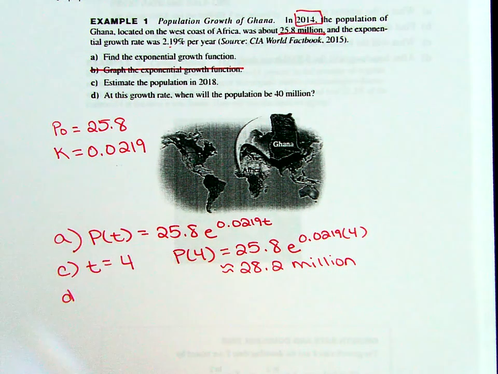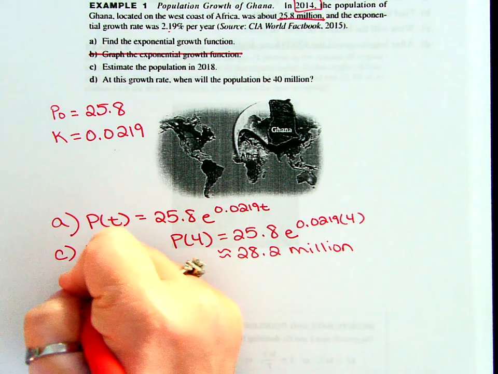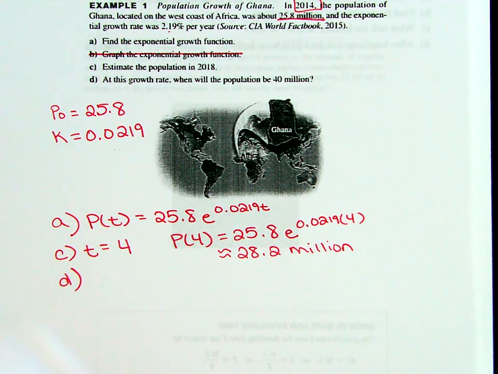Part D says, at this growth rate, so we're assuming the rate is going to stay the same, when will the population of Ghana be 40 million? So that 40 million represents our final population.